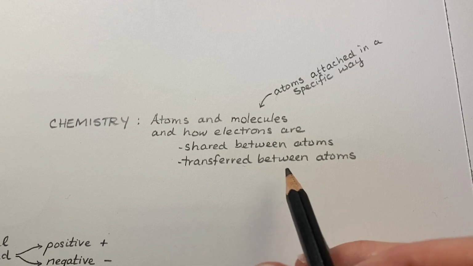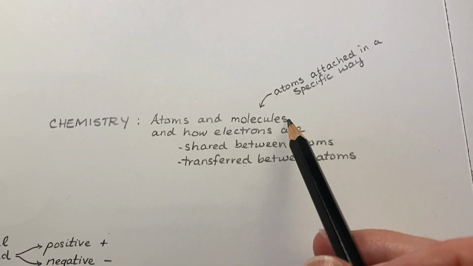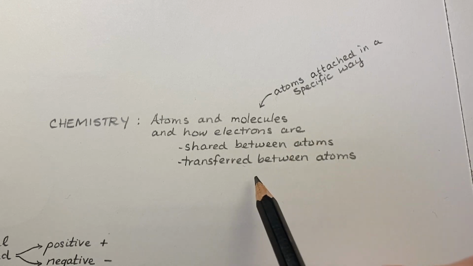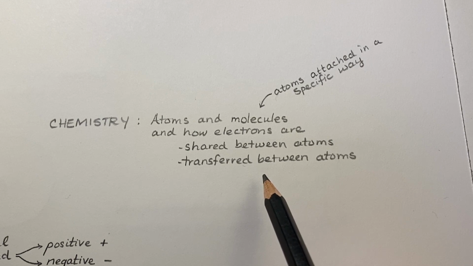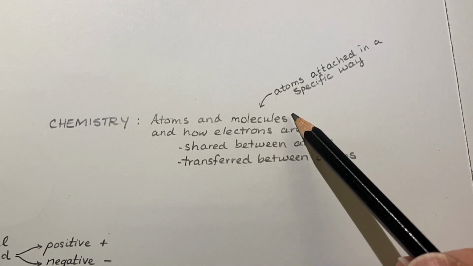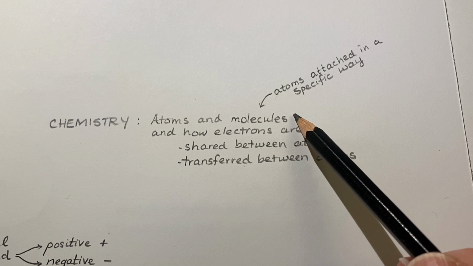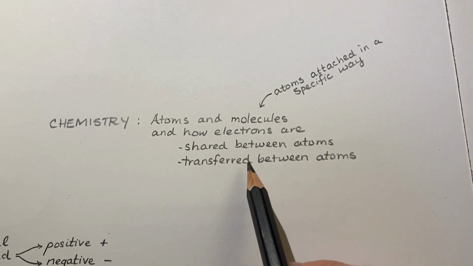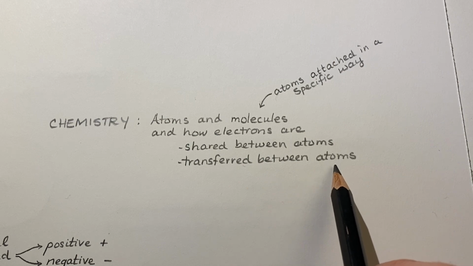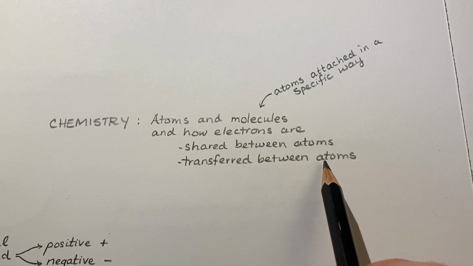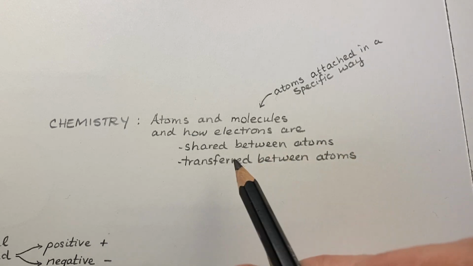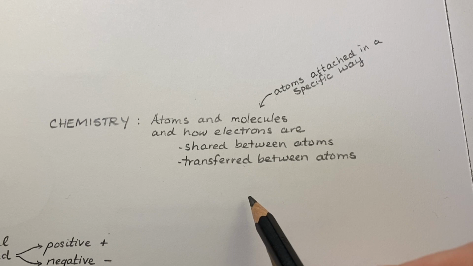So we can form our molecules by having them shared. We can also make other kinds of compounds that are a little bit different than molecules, where the electrons have been transferred from one atom to another, and they give you an atom that overall is charged. And so the two charged atoms, we call them ions now.